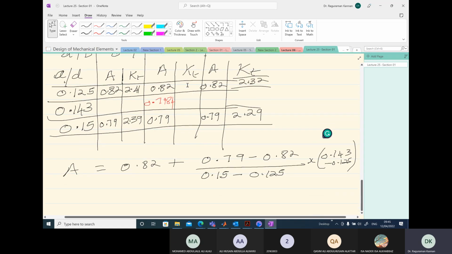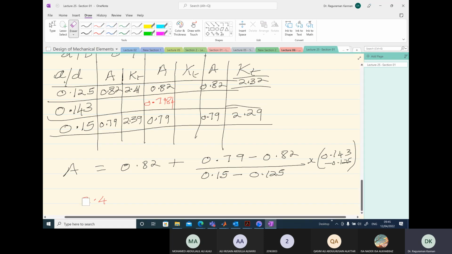Okay, so let's see this value over here corresponding to 0.125. If we use the same interpolation formula, we have to use 2.41.